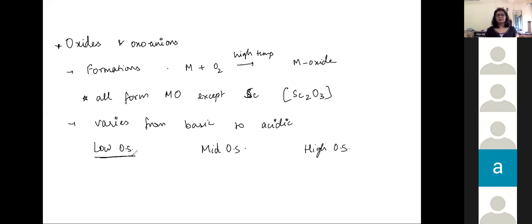Is it going to be basic or acidic? Low oxidation state means when the metal exhibits a +1 or a +2 oxidation state, and to some extent, very rarely, maybe +3 also. So would it be basic or acidic, low oxidation state?